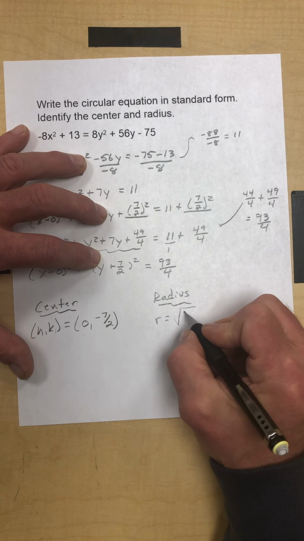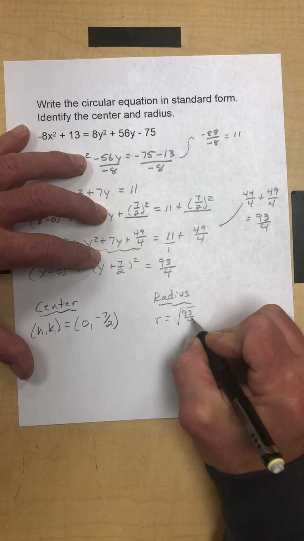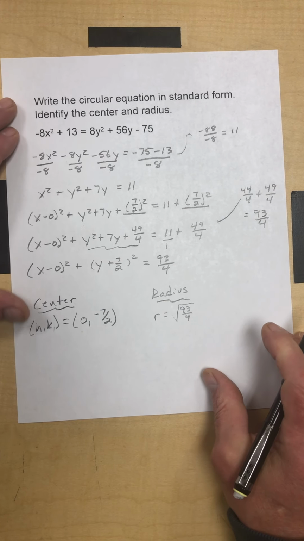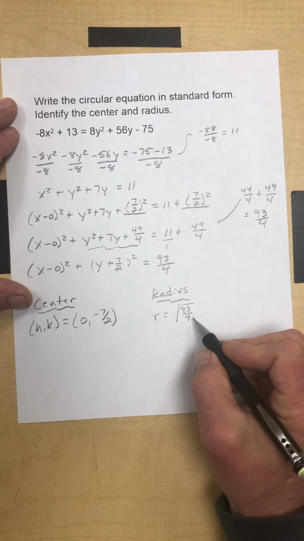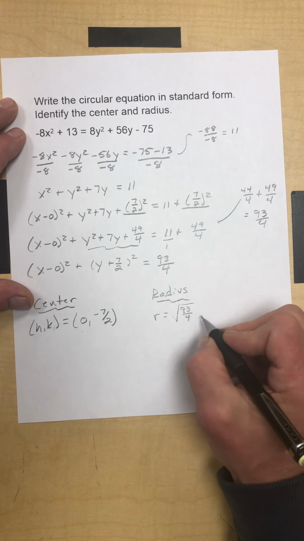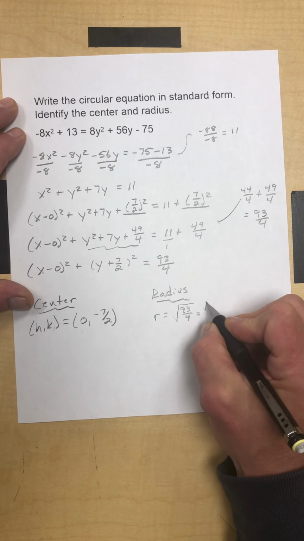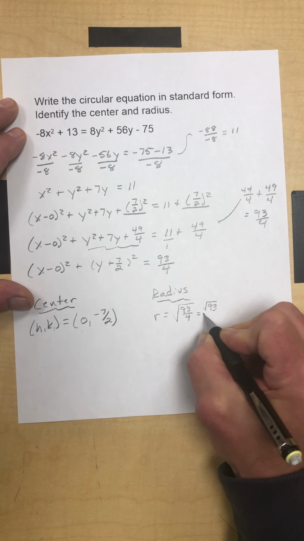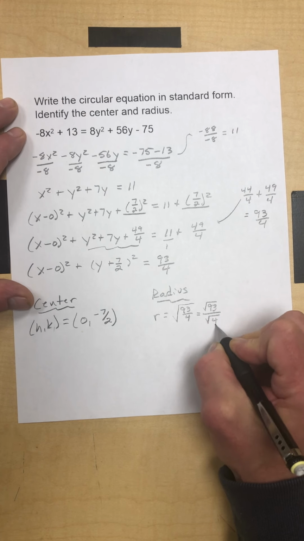of 93 fourths. All right, now guys, that has to be put in simplest radical form. Okay, you can't have a fraction in a radicand, so remember that's like the square root of 93 over the square root of 4.